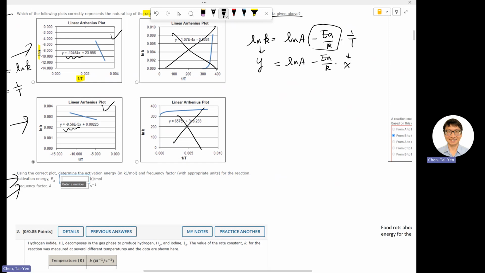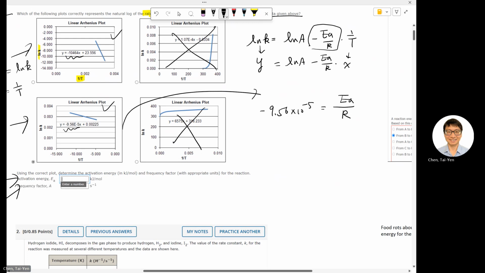Assuming this is the one that you have, then you know the slope is negative 9.56 times 10 to the negative 5, from the fitting. It's going to equal your EA over R, so you can calculate your EA by multiplying the negative 9.56 times 10 to the negative 5 by the R, and then you get the answer for your activation energy.